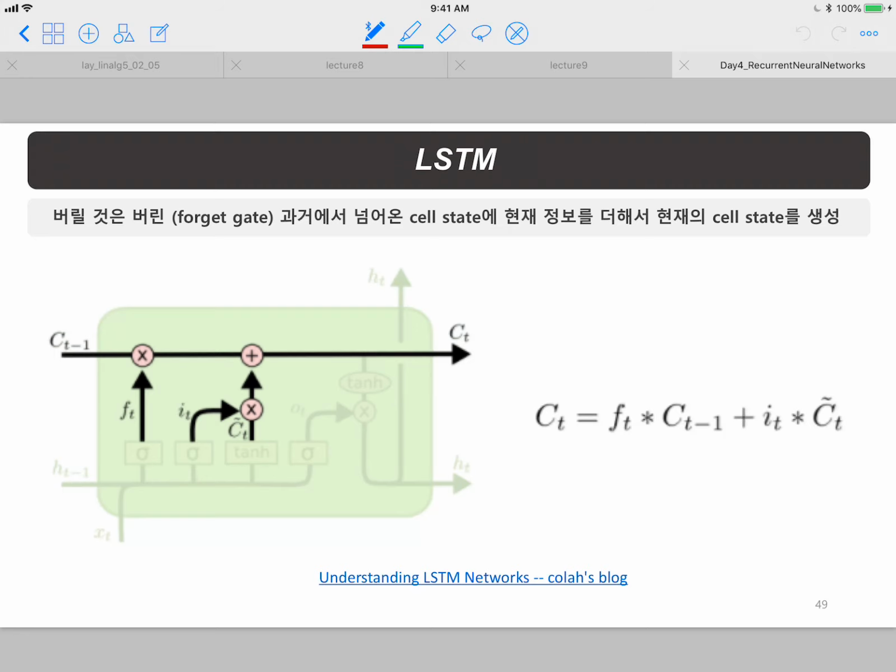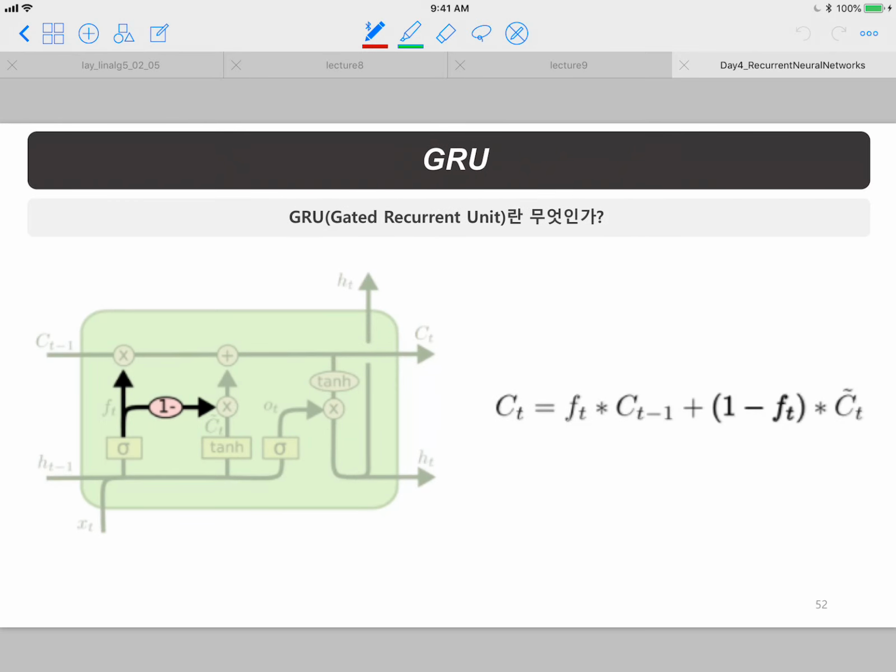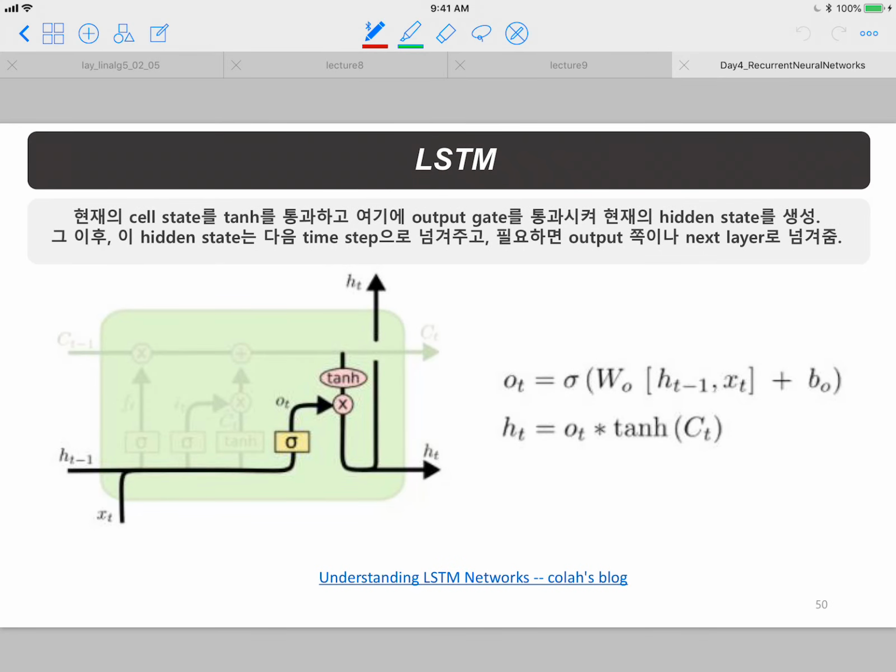And this cell state is further transformed with tanh, because the cell state can have a range from negative infinity to infinity, right? And then it is further transformed by using tanh, and we also apply the output gate so that we can hide the information that is not directly useful for generating the current time step's output, maybe y_t or something, right?